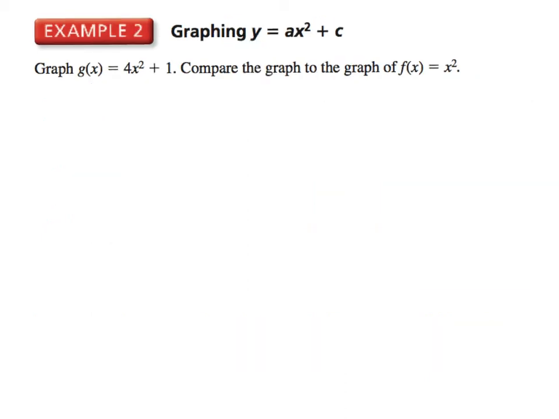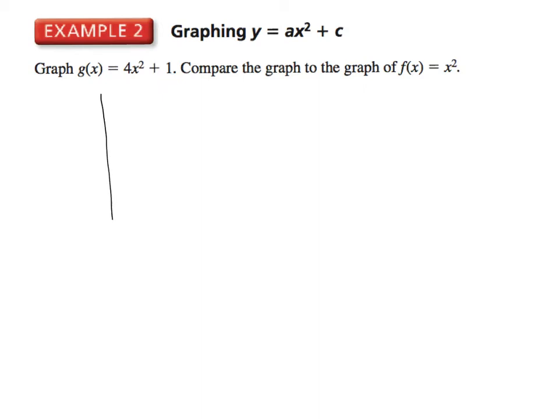So now let's look at example 2. Now just by looking at it, what do you think is going to happen? We have a 4 in the front, and we have a 1 in the back. Just by looking at this, I can tell you that because this is 4, it's going to be narrower. It's going to be vertically stretched by a factor of 4. It's still going to face upward because it's positive. But then your entire graph is going to go where? It's going to go up 1.